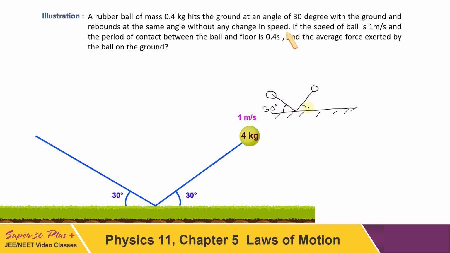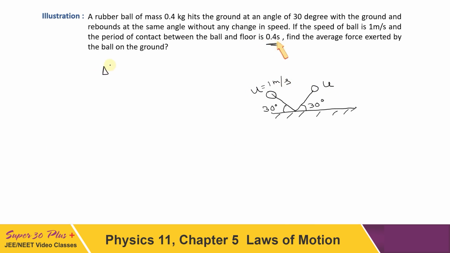This angle also is equal to 30 degrees, speed also being the same. If the speed of the ball is 1 meter per second, its magnitude also is given, and the period of contact between the ball and floor is 0.4 second. As you can see, this is a very small time interval. So let that delta t be 0.4 second. Find the average force exerted by the ball on the ground.